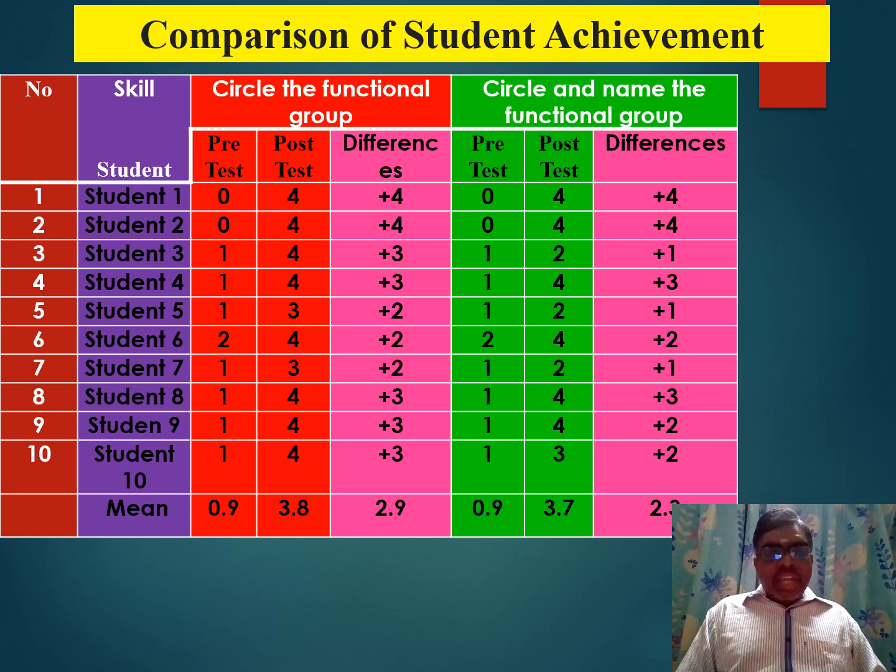It clearly shows that the mean difference is 2.9. For circle and name the functional group, the pre-test mean is 0.9 while the post-test mean is 3.7. The post-test mean increased by 2.3 compared to the pre-test.